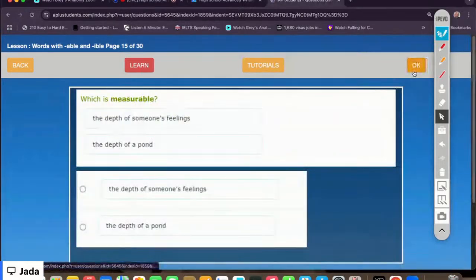So which is measurable, the depth of someone's feeling or the depth of a pond?